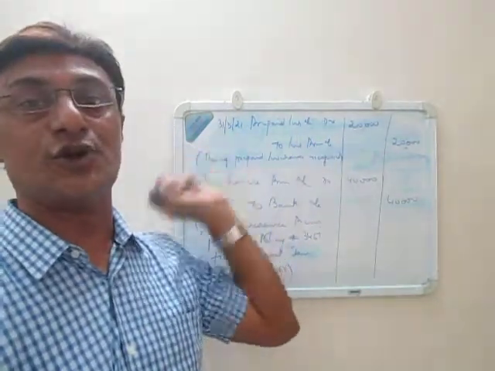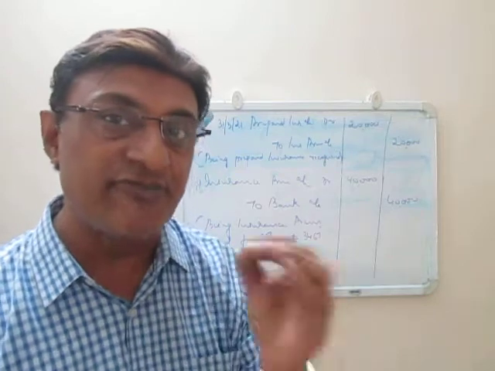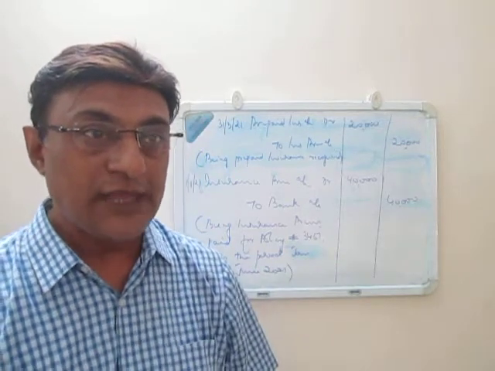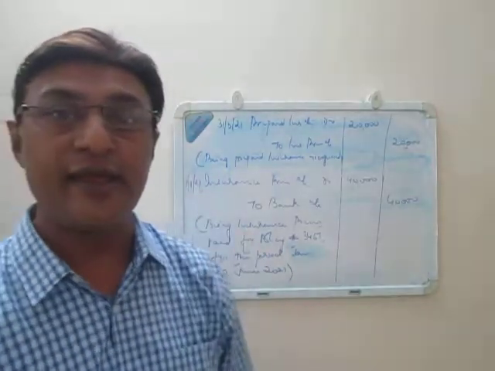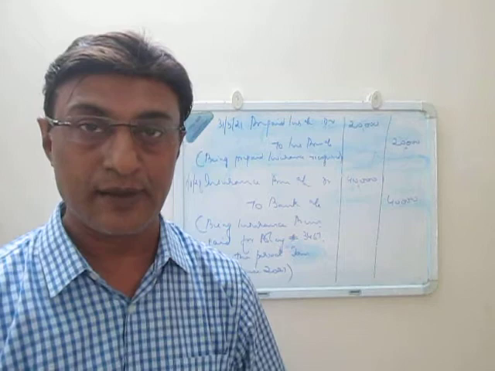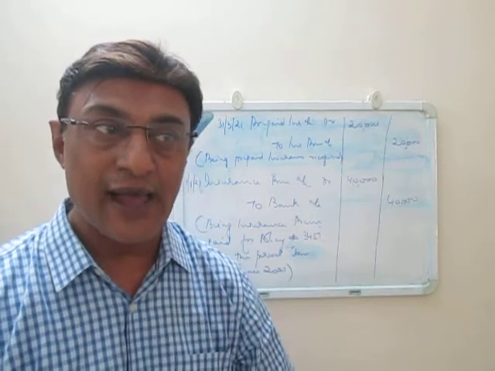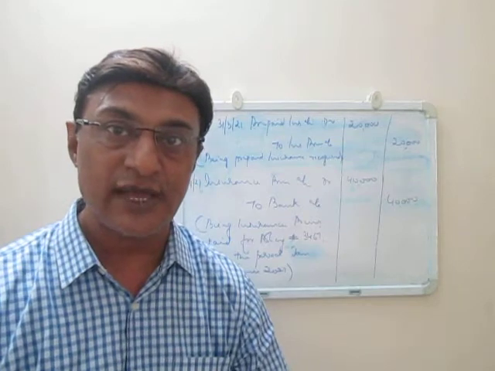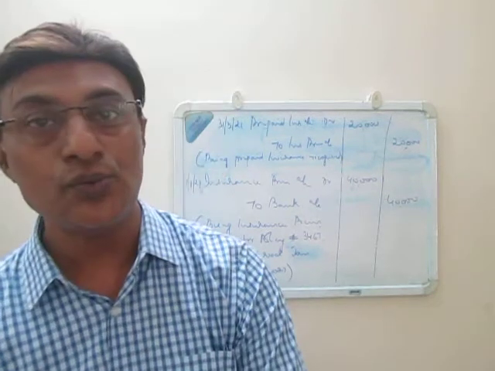And prepaid insurance is debited. Now let us go one step further on this. The next premium was due on 1st of July 2021. When that is done, I will again make a payment, insurance premium account debtor to bank account.